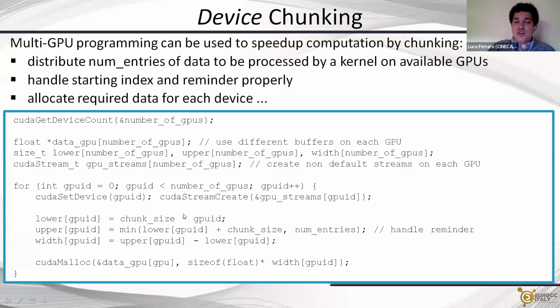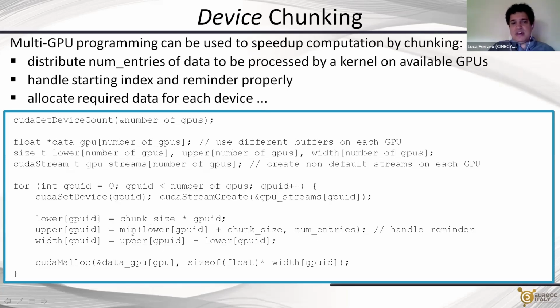Here I can compute the lower and upper index of the host data to be assigned to GPU 0, GPU 1, GPU 2, and so on. For example, by choosing a chunk size, I can know where to start with the data on each GPU.